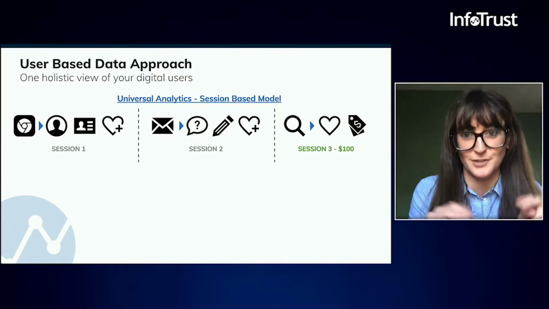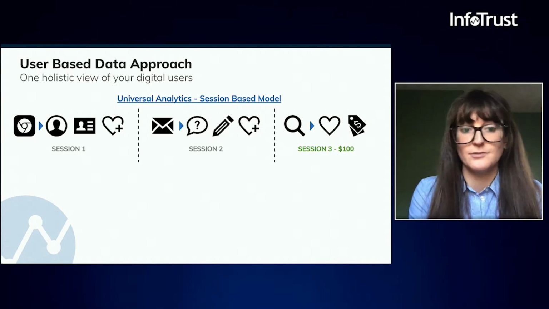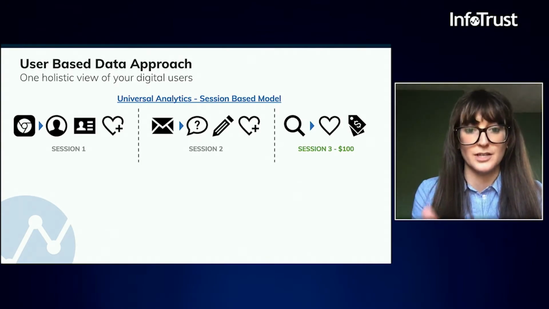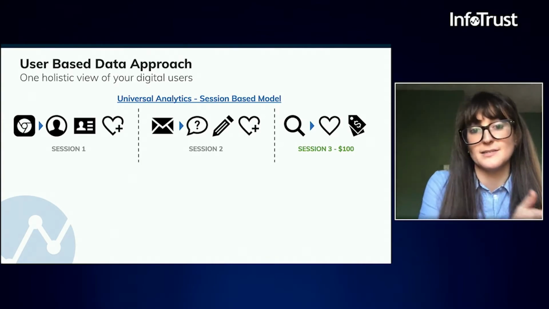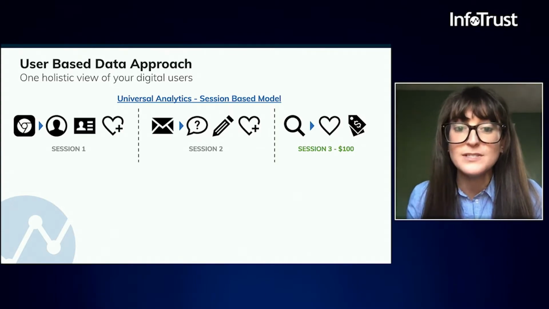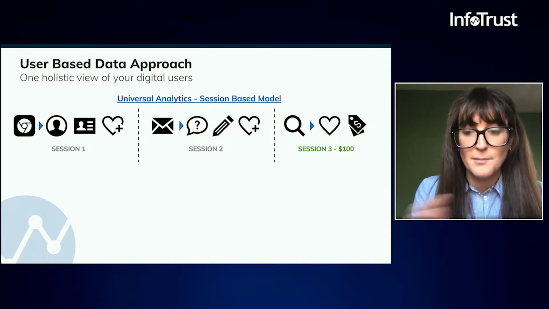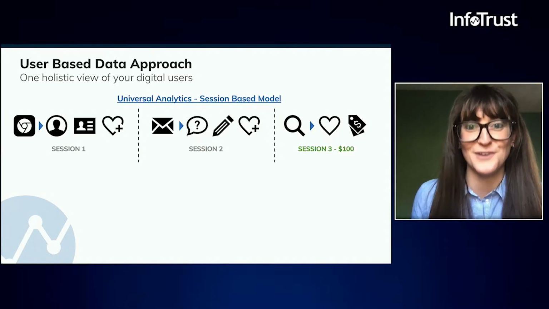They didn't convert. Now they come back via email, because they've set up an account. They're on their purchase journey. So they've looked at some question and answers on your PDPs, they've browsed reviews, they've even added another product to their favorites. But again, they don't convert.